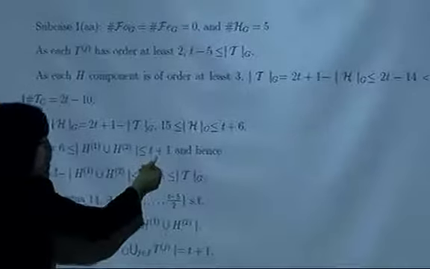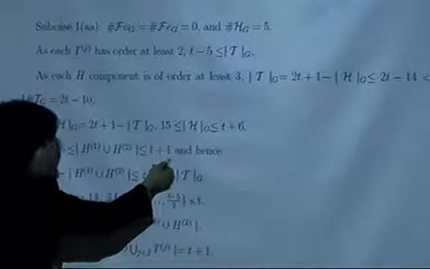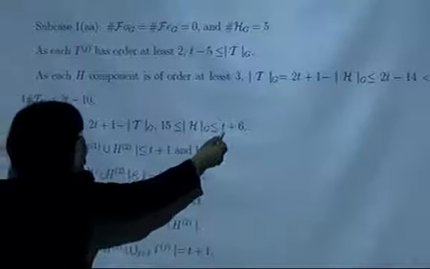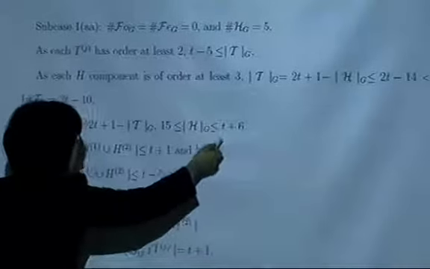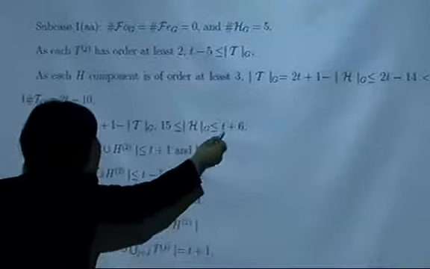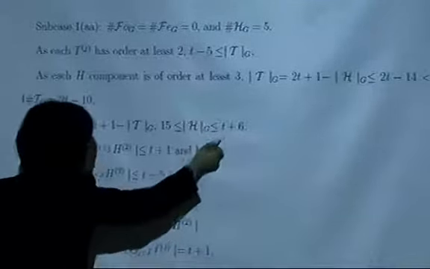So then if we just consider the first 2 components, there should be at least 6 and at most t plus 1. Actually, this is even at most t minus 3, because if you subtract 9 from t plus 6, you will get t plus 3.